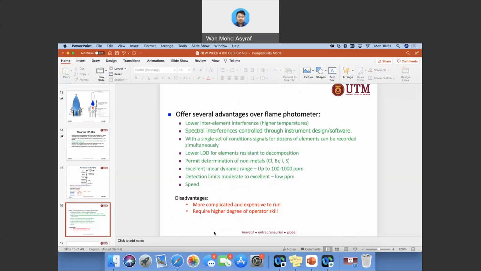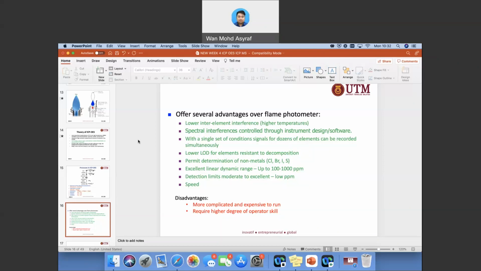All right. So, what are the advantages of this ICP over flame? So now we are comparing emission method in flame and emission method in ICP-OES. So, ICP-OES would be able to offer lower inter-element interferences because it is conducted at a very high temperature. The spectral interferences is being controlled by the instrument design and also by the software.